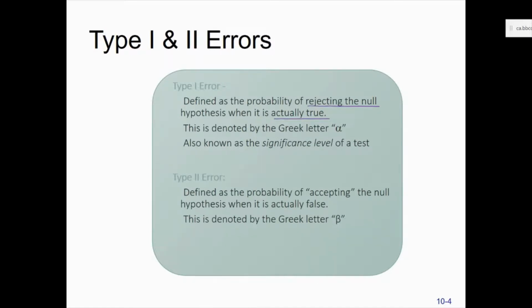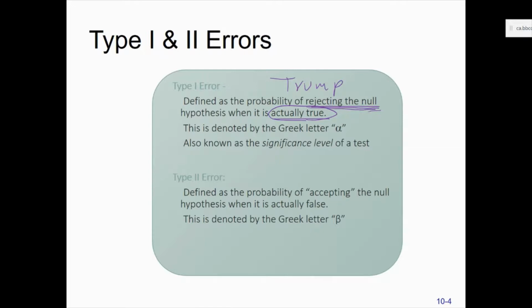Now, to make it easier for me to remember, I call this the Trump error. Now, where is this coming from? This is coming from the fact that in the 2016 elections in the US, everybody told Donald Trump that he would lose the election, and he ended up actually winning it. So everybody was rejecting him. All the surveys said that he would lose, and then he actually won.